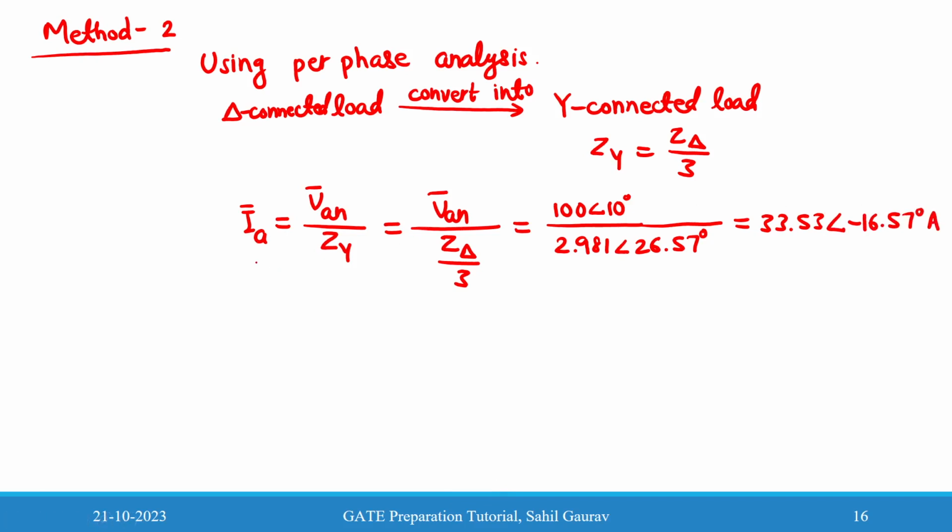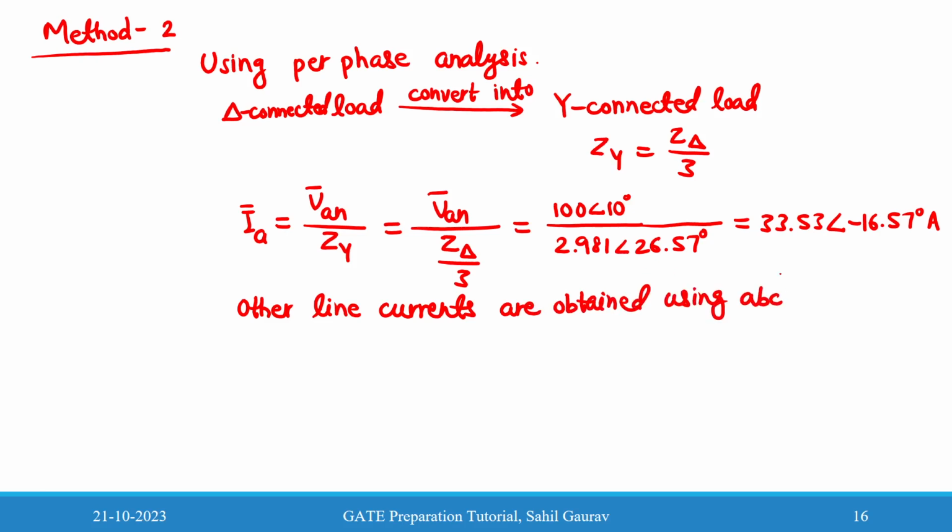And the other line currents are obtained using the ABC phase sequence, similarly, as we have calculated in the previous slide.